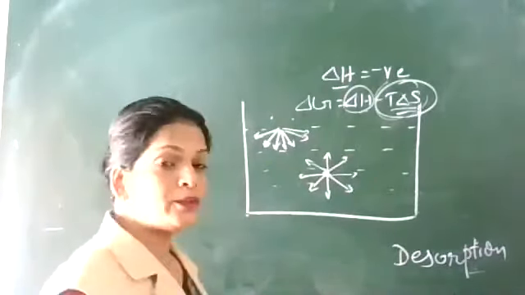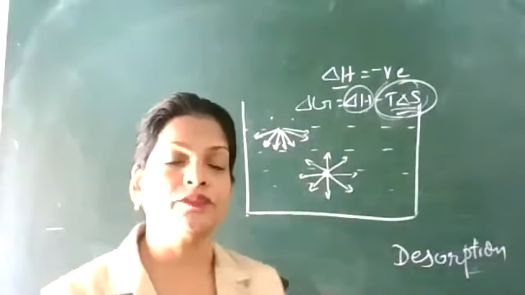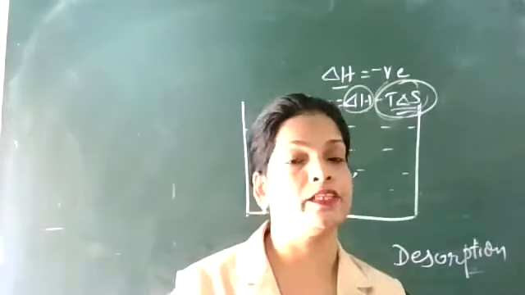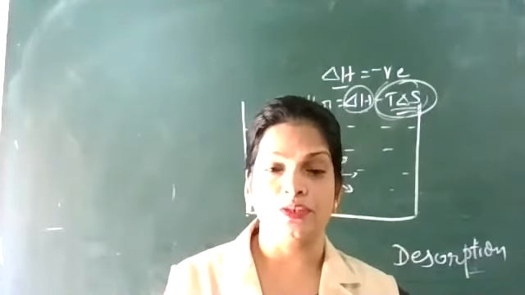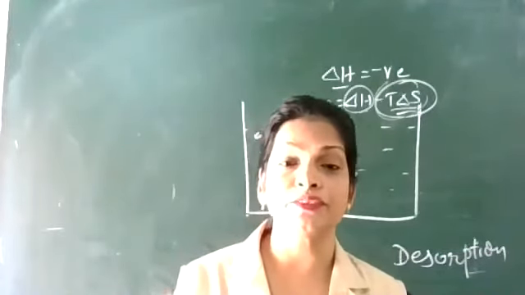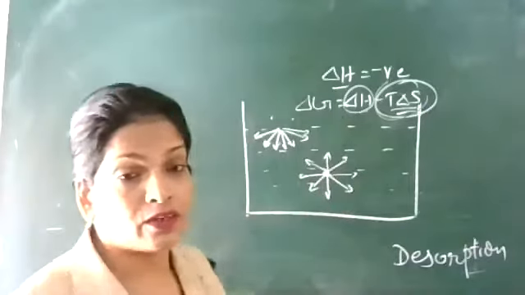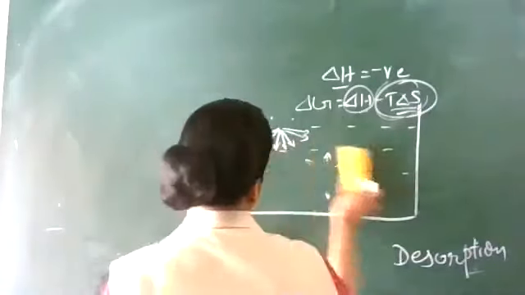Now, there are two types of adsorption based on the forces of attraction between the adsorbent and adsorbate. What are these types of adsorption based on the force of attraction? One is called physisorption and the other is called chemisorption.